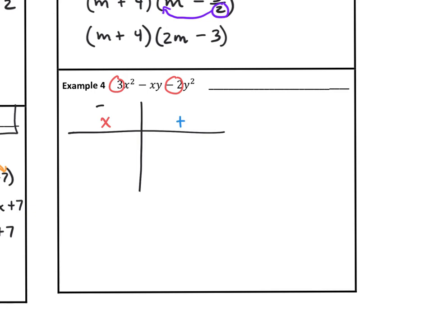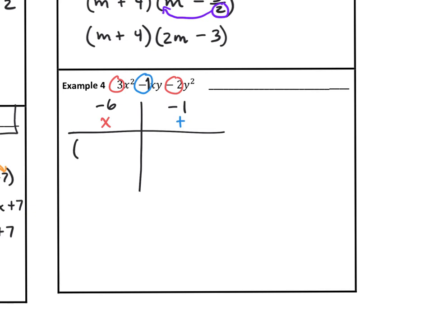That's going to give me a negative 6. And the number in the middle here, there's a 1 right here. So the number in the middle is actually a negative 1. Let me write that again. Negative 1.